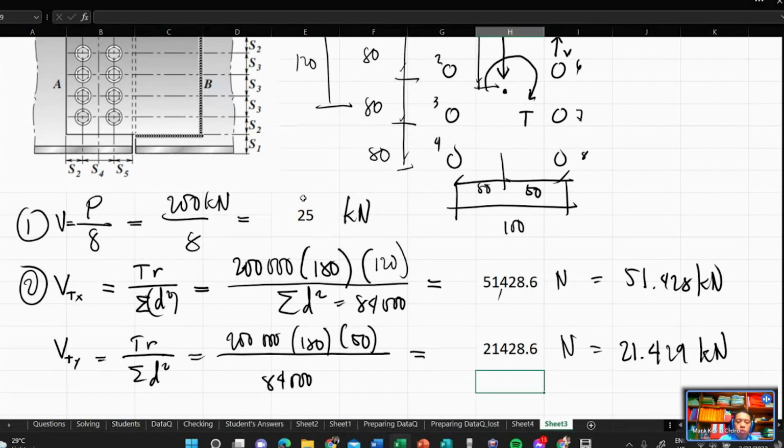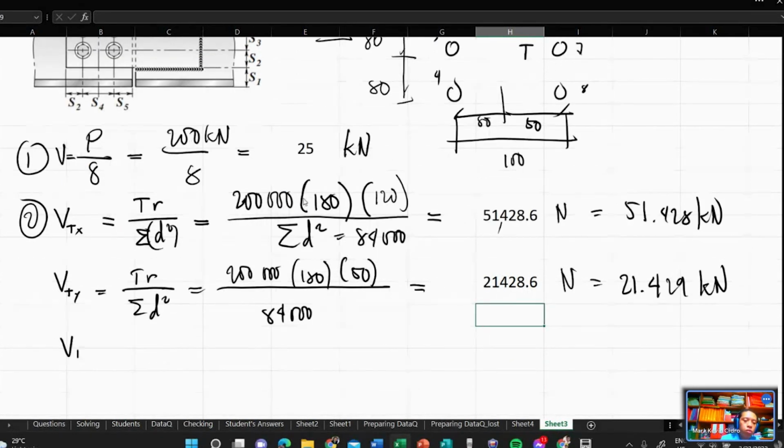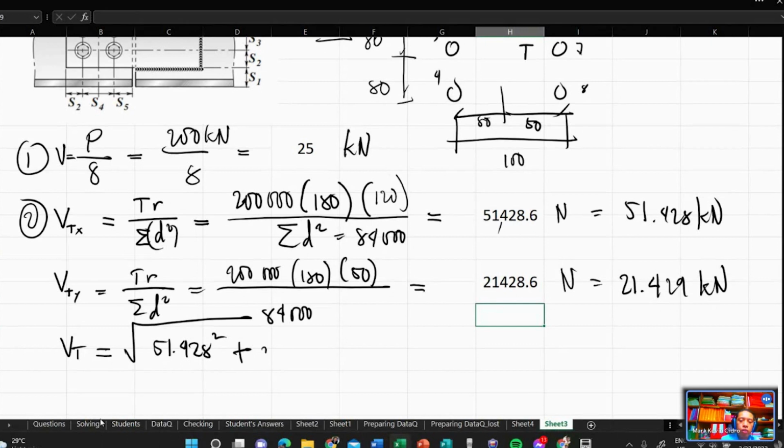That's your VTY. So the force due to the torsion, VT, is the square root of 51.428 squared plus 21.429 squared.